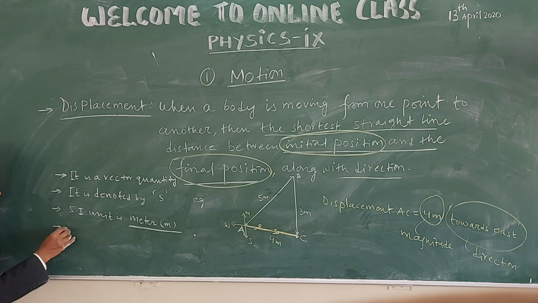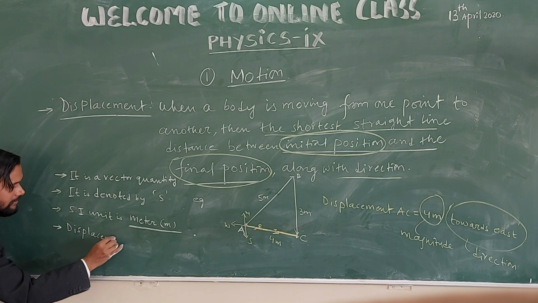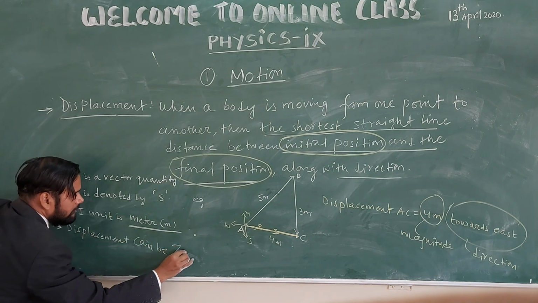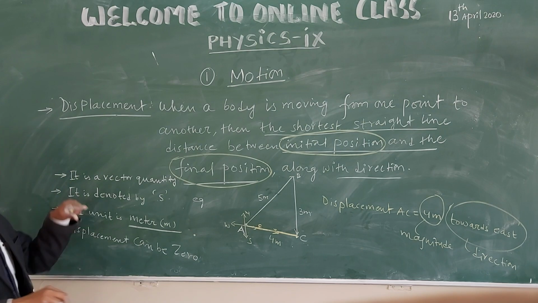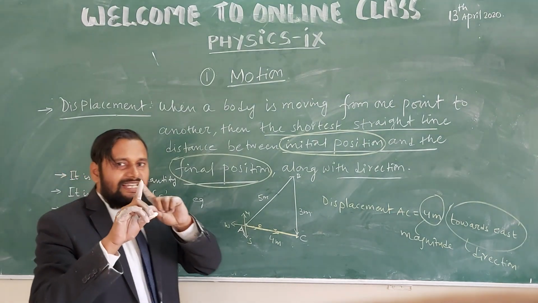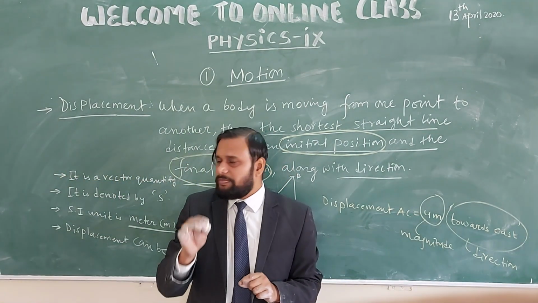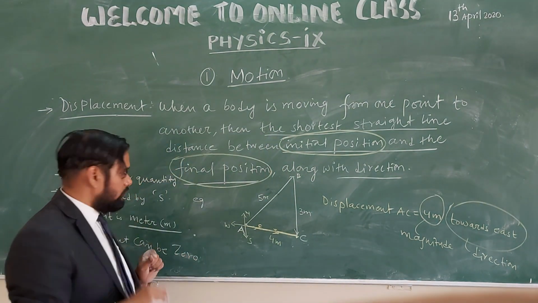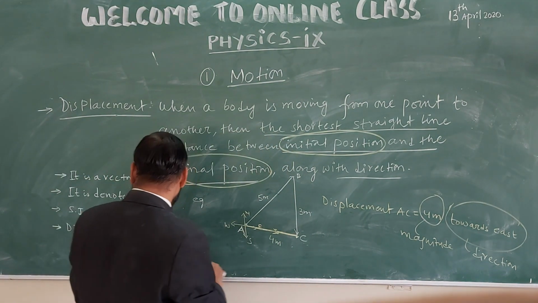And the last point, displacement can be 0. See, for distance, that distance cannot be 0, but here displacement can be 0. See how displacement can be 0, I will show.